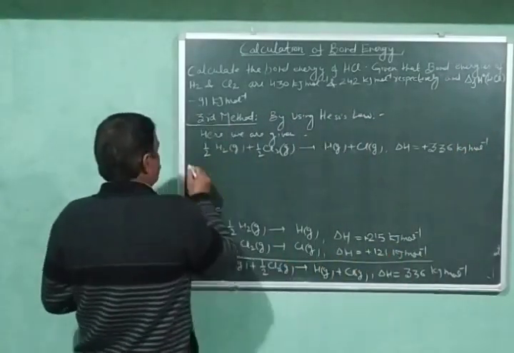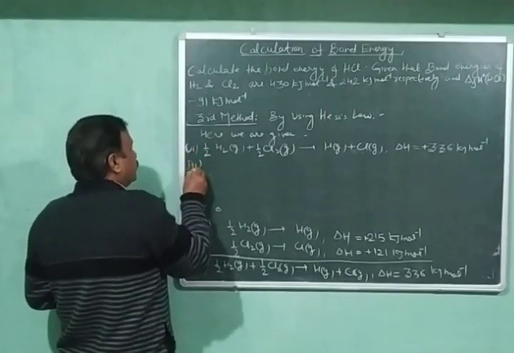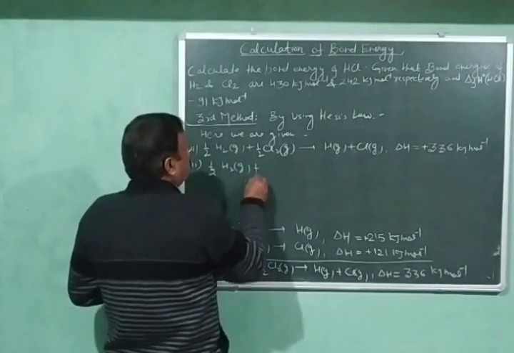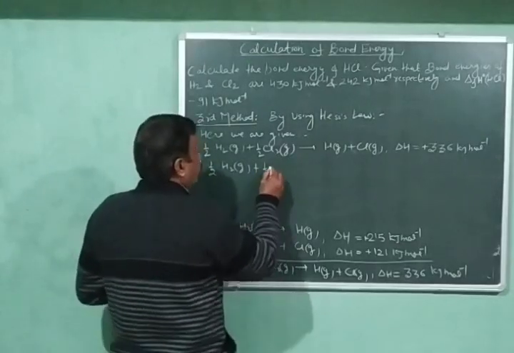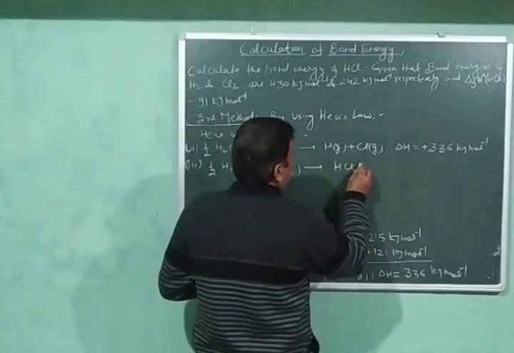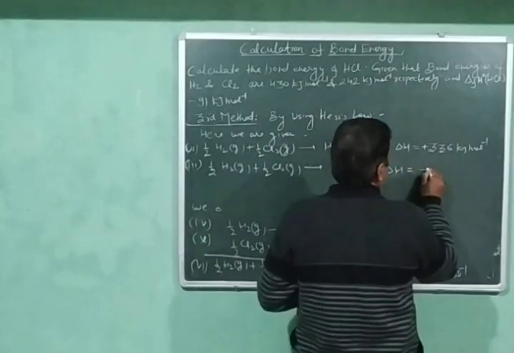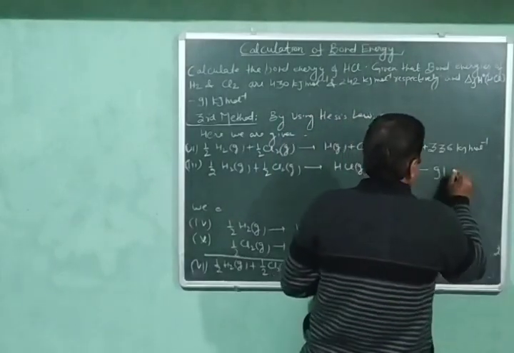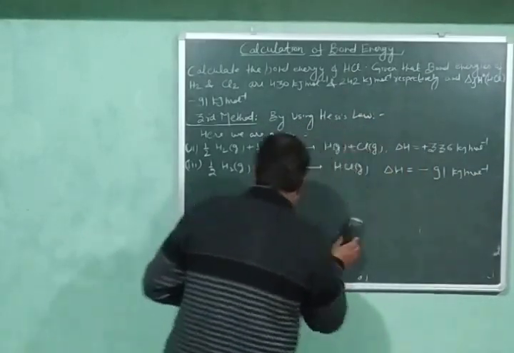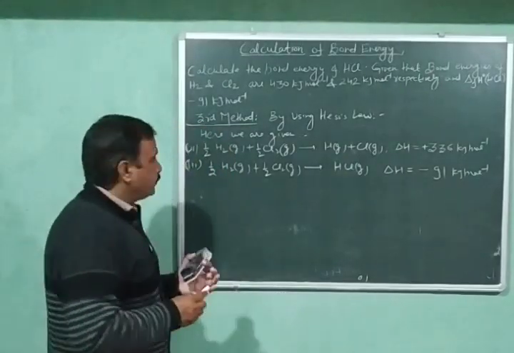Okay, so I have written this equation again, that is equation number 6, and the equation number 3 was half mole of H2 gaseous plus half mole of Cl2 gaseous, giving us 1 mole of HCl gaseous, and delta H of this reaction was equal to minus 91 kilojoule per mole. Okay, and as I said earlier, now I will subtract the equation number 3 from the equation number 6.